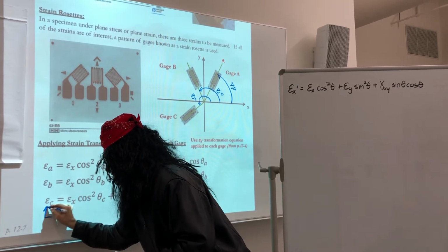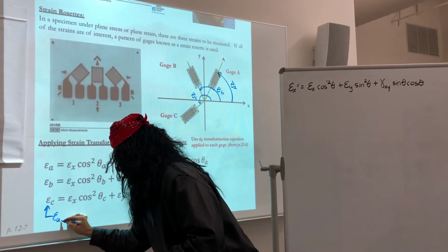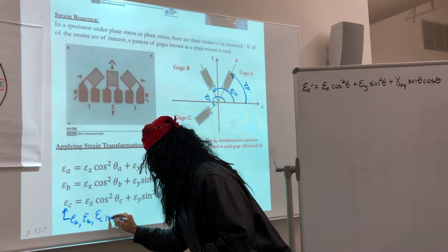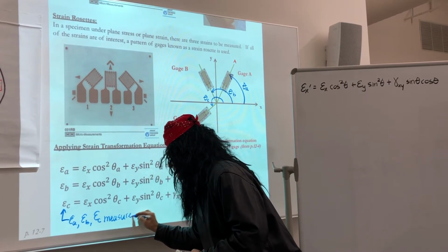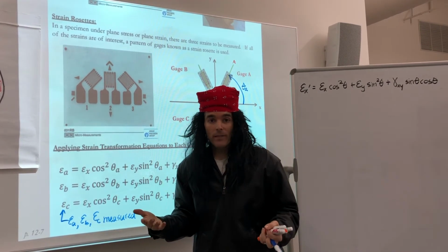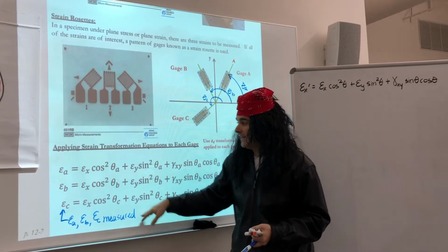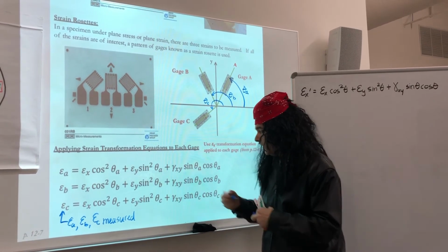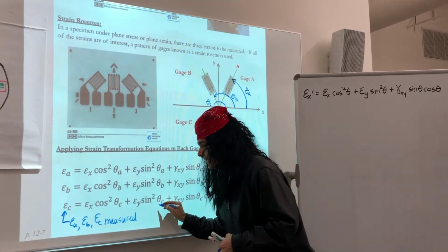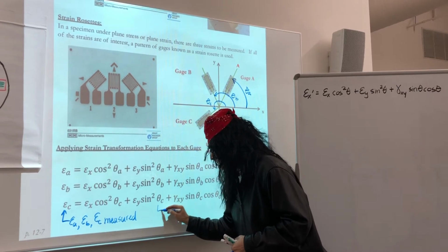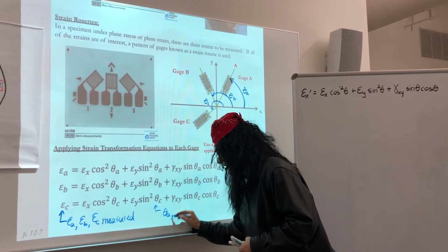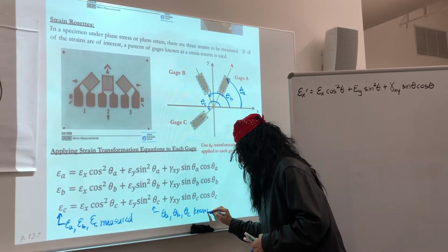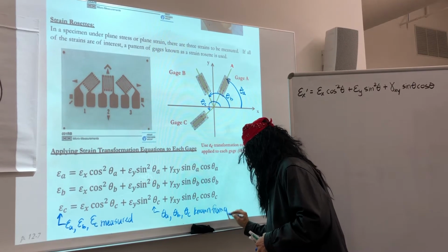So these values, A, B, and C, are measured using our experimental data. So we're actually measuring the strain, epsilon A, B, and C, from our test. We also know theta A, theta B, theta C, known from geometry.